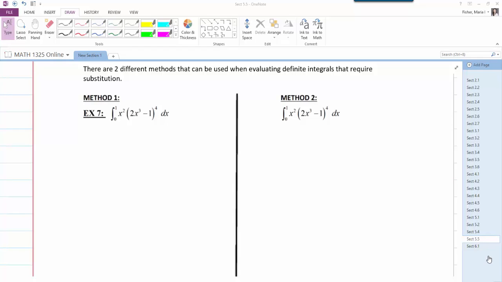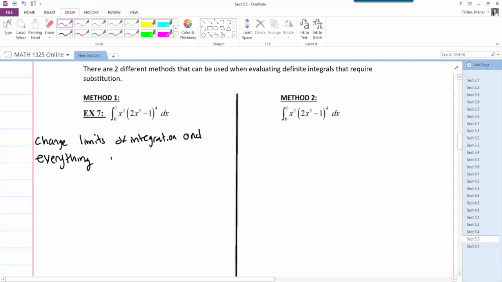So the first method, what you would do first is you're going to change everything in terms of u to work the problem out.